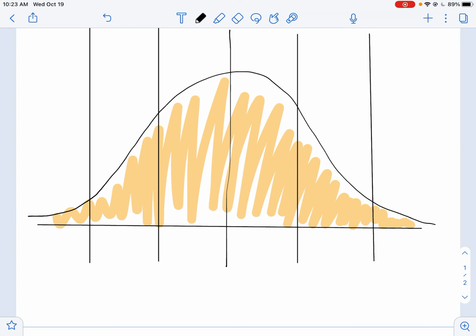Here's what I do. I start with my z-scores. Remember, a z-score represents how many standard deviations you are from the mean. Now, in a normal distribution, your mean and your median are going to be the same, just like any symmetrical distribution. If I'm one standard deviation away from my mean, I'm going to have a z-score of positive 1.